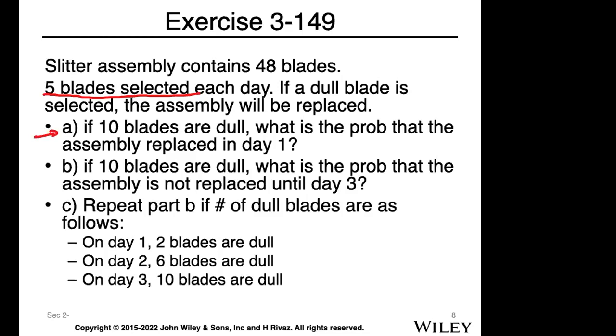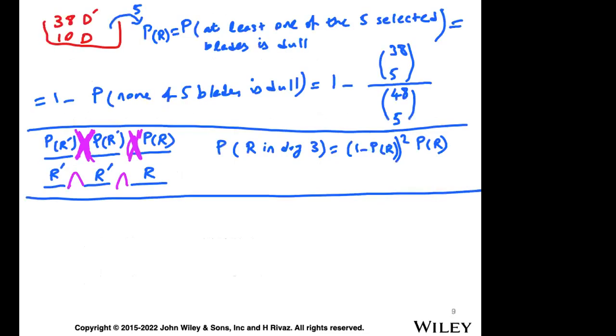So part C is as easy as part B, or as difficult as part B. The only difference is that these probabilities change. That's the advantage of not using the geometric distribution. Since the question is changing these probabilities per day, I can simply modify these and solve part C.